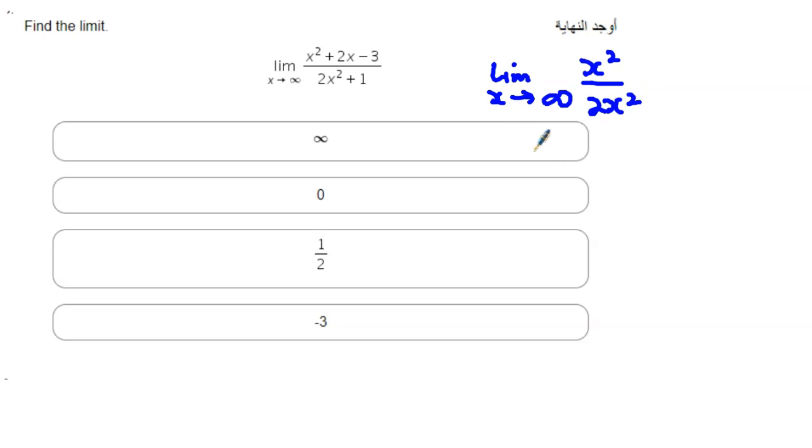And even here, I can simplify. We have x squared here, x squared here. This will cross out, leaving only 1 over 2. And now we have a constant. The limit of a constant is the constant, so it becomes half. This is what the calculator gave us, and we got the same thing.